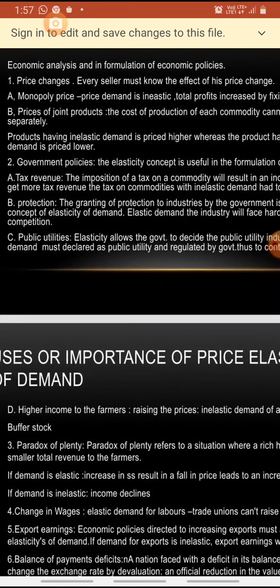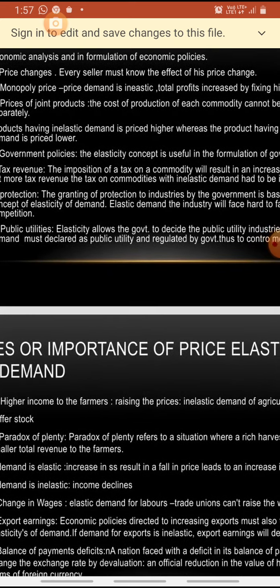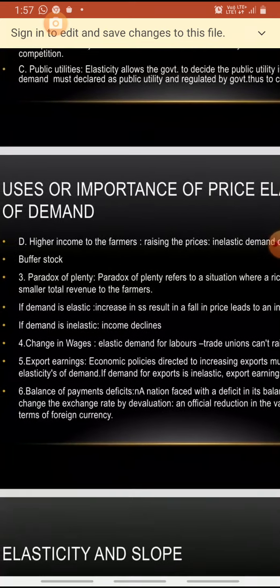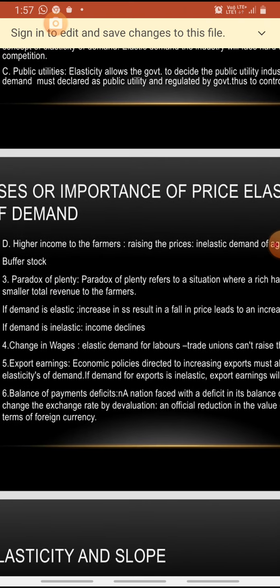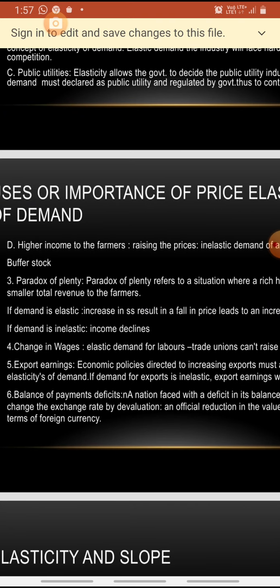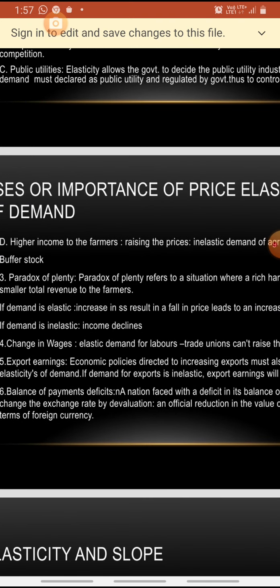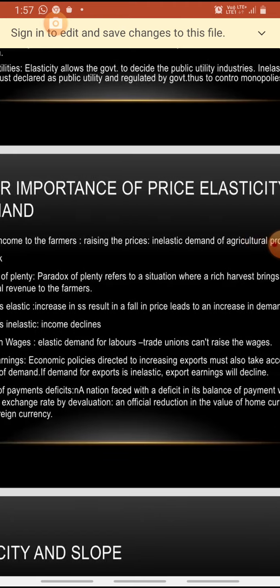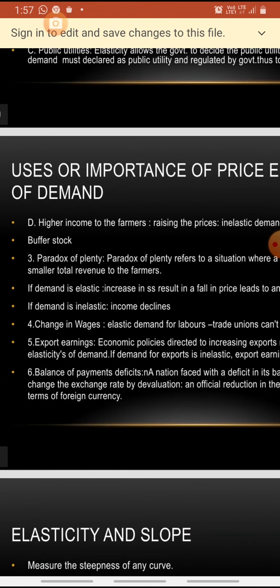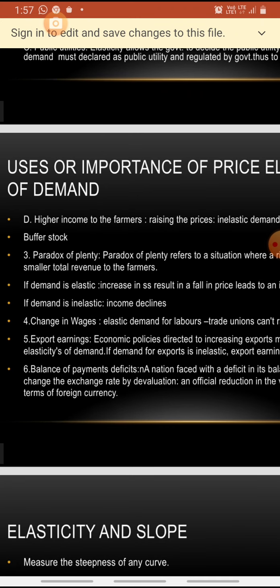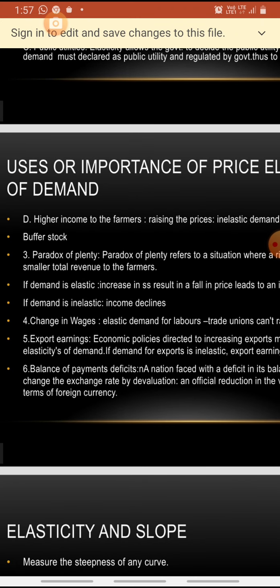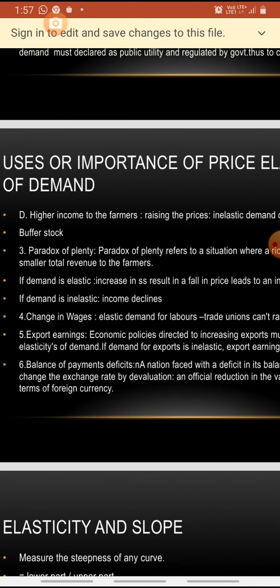Inelastic demand goods must be declared public utilities and regulated by the government. Then other uses: higher income to the farmers. The government can raise the income of farmers by raising prices of inelastic agricultural products through buffer stock operations.